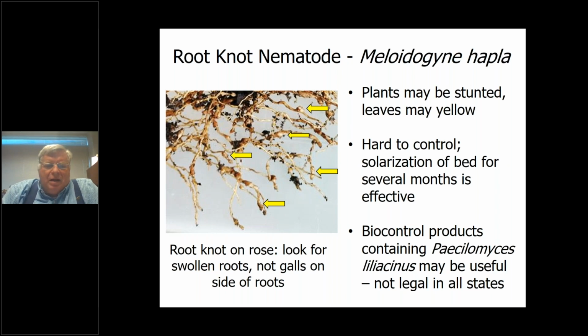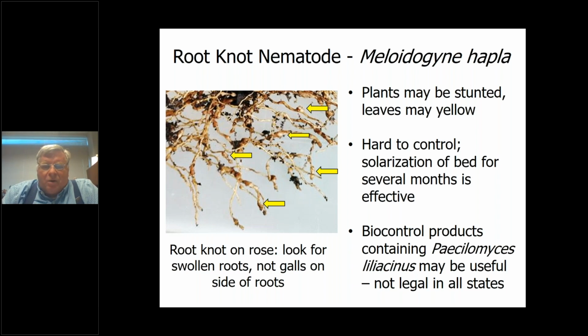Now, another disease that can happen, and I've had several cases that I've had to deal with in South Alabama this year, is root knot nematode. These are worm-like creatures. Root knot nematode can go to tomatoes. It can go to peppers and eggplants.